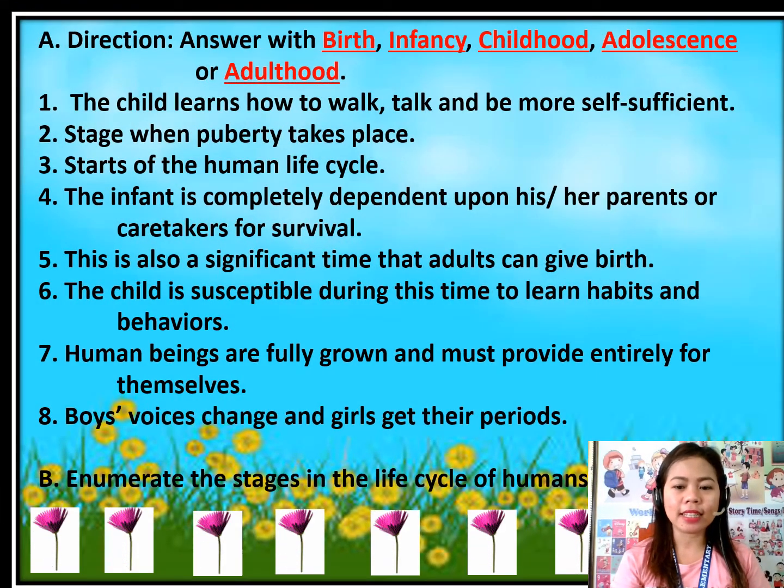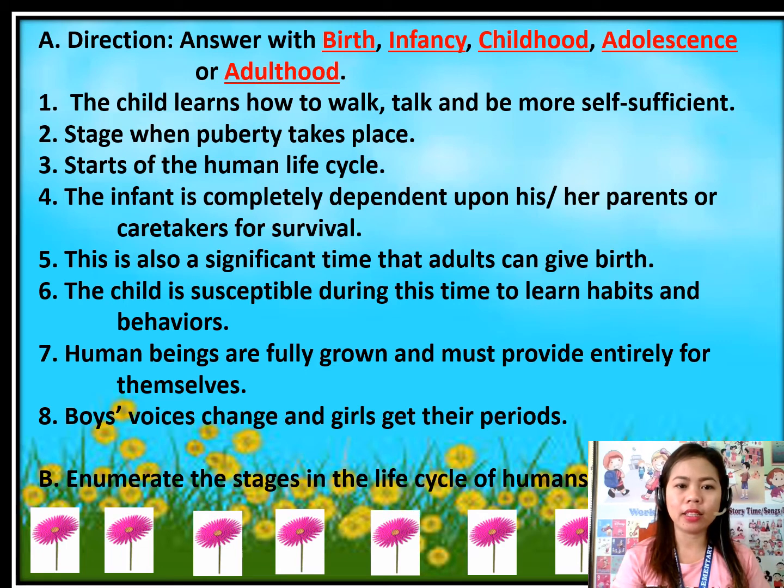This is your activity. You will answer this on a piece of paper. I will read the instruction. Answer the following using birth, infancy, childhood, adolescence, or adulthood. First question, the child learns how to walk, talk, and be more self-sufficient.